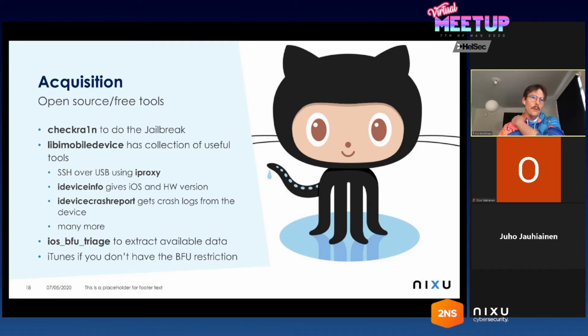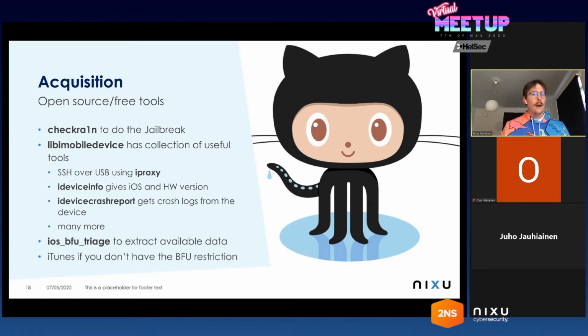And for some quick triage, you can use tools from libimobiledevice, which has a collection of useful tools. ideviceinfo, for example, gives you quickly the iOS and hardware versions.